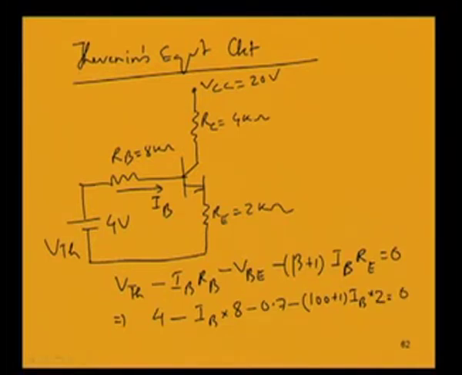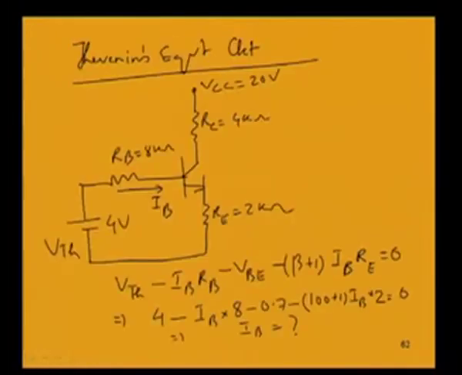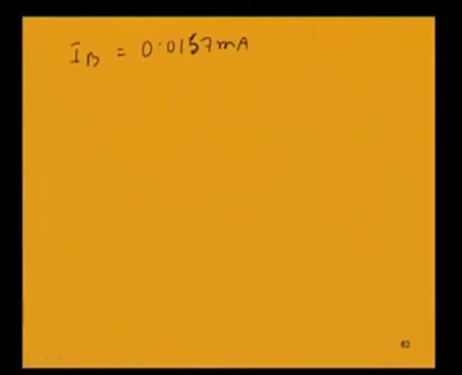This equation will be giving the value of IB. If we do this, you should check it and get a value of 0.0157 milliampere. Solving this equation, we get a value of IB equal to this much.